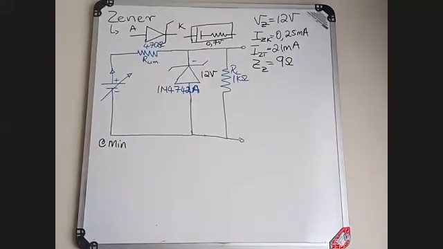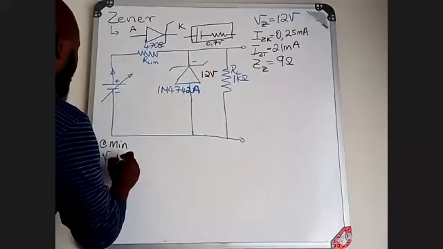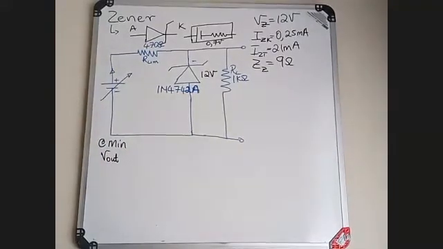You will see that you will have to go and check. I need the following parameters to exist. Then I need to find out what my V out is.